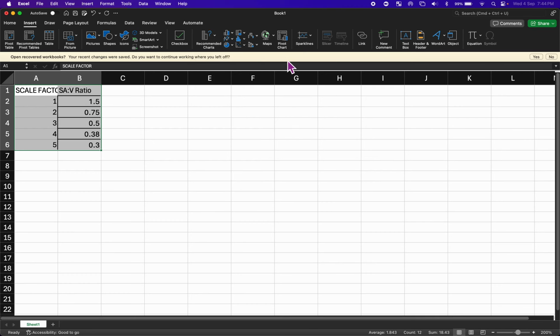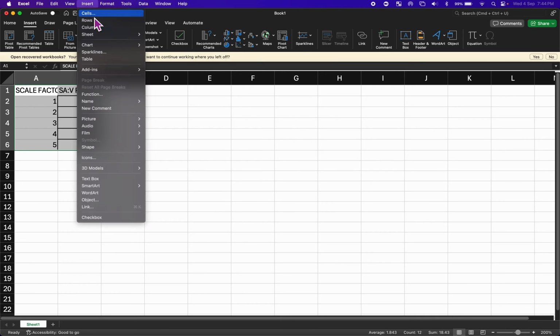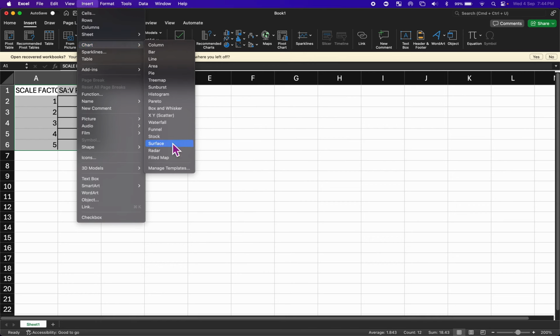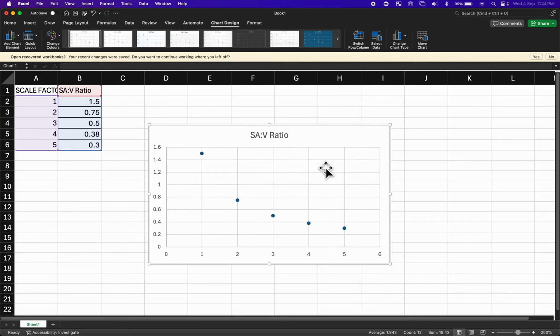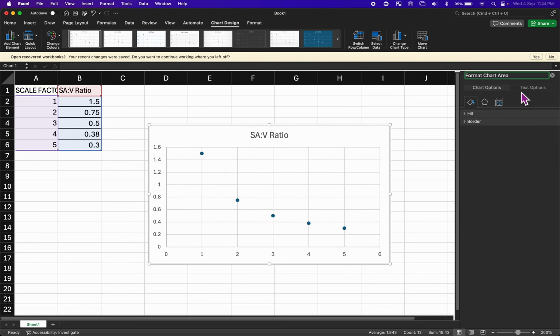You want a scatter plot here. Insert chart, XY scatter. And there is your bivariate plot. Okay. Want to edit this. You want to put labels properly. So format.